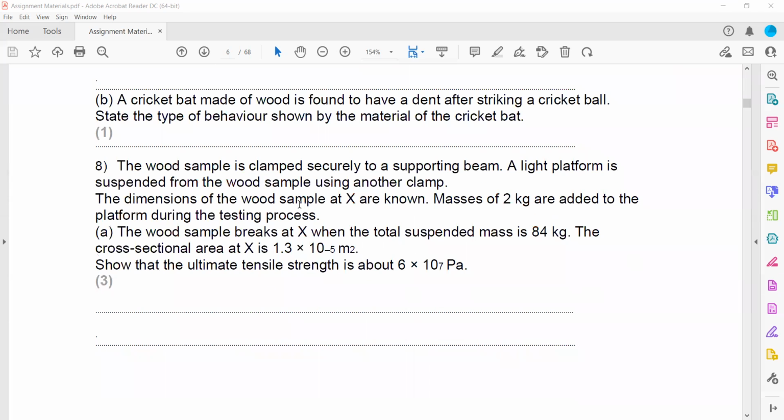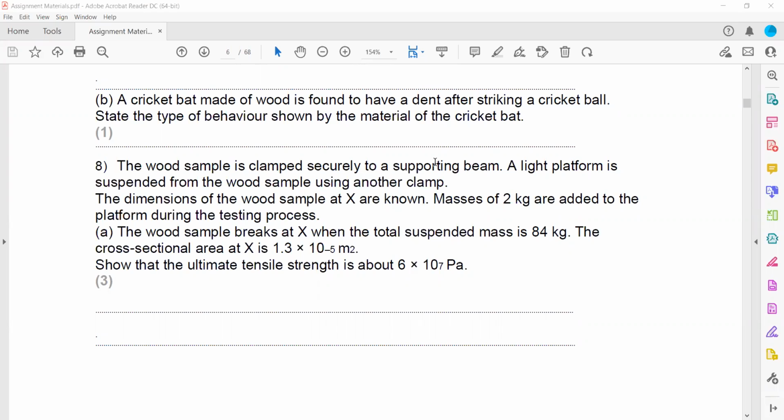A cricket bat is made of wood, and is found to have a dent after striking a cricket ball. What type of behavior is shown by the material of the cricket bat? So when the ball is striking the bat, the object deformed.